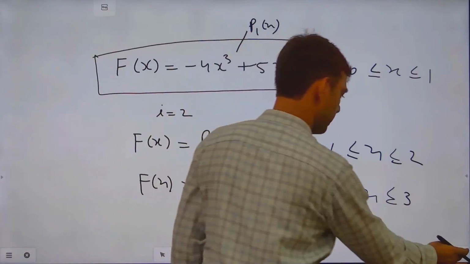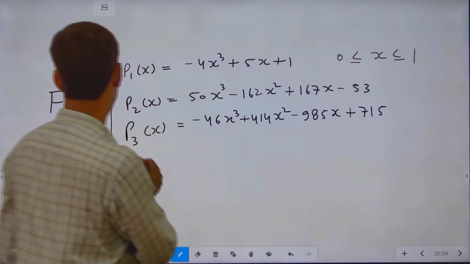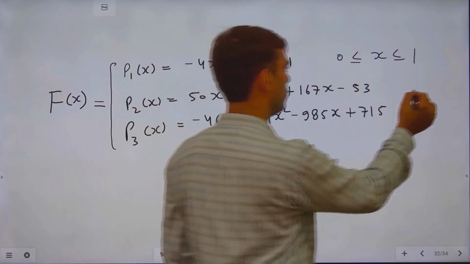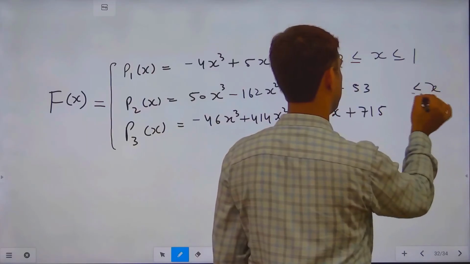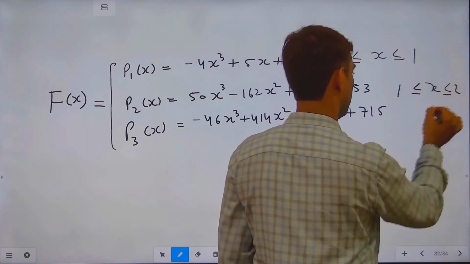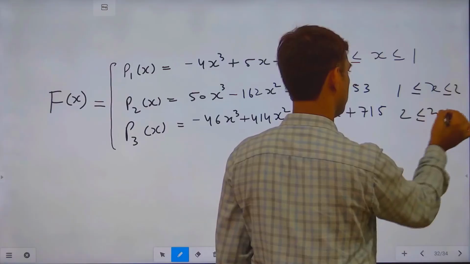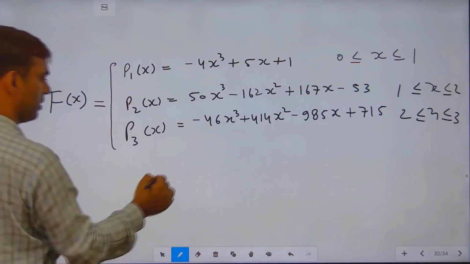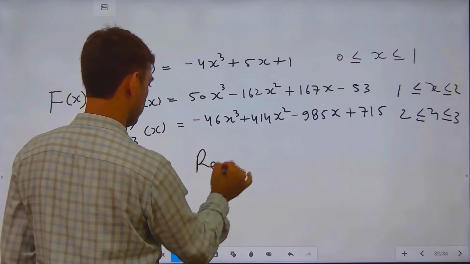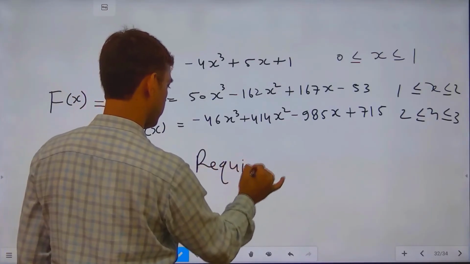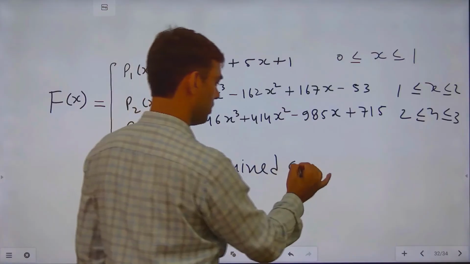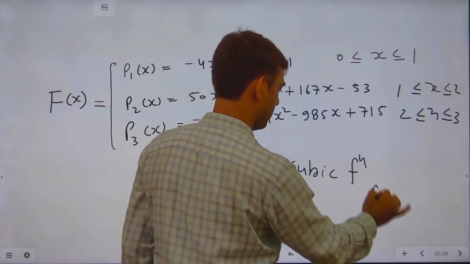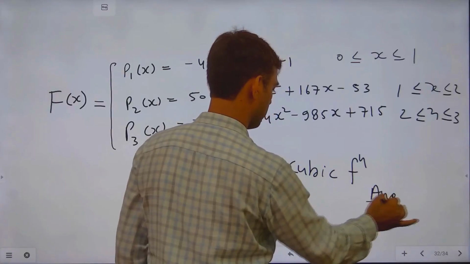So this is the final result. Fx equal p1x, x lying between 0 to 1, here x lying between 1 to 2, and here x lying between 2 to 3. So this one is the required cubic polynomial, the required cubic function. This one is the answer.